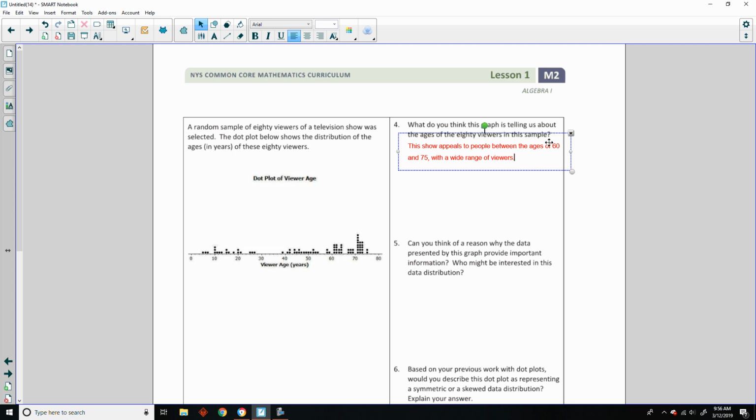Okay, all the way down to 6 years old, something like that. But it appeals more to the 70-year-olds here because of this spike right here.